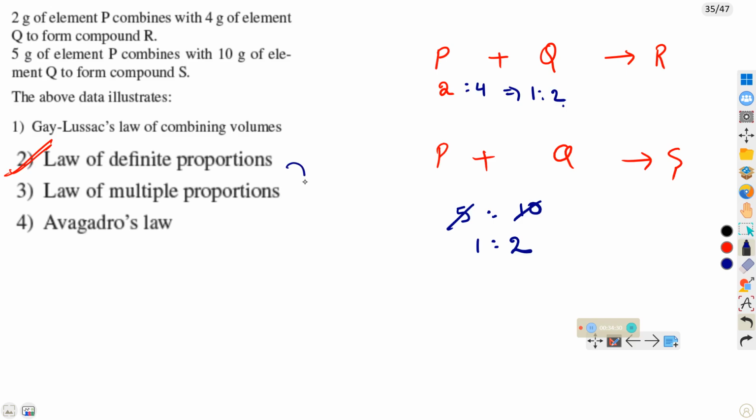According to the law of definite proportions, chemical compounds always contain their component elements in a fixed ratio by mass.